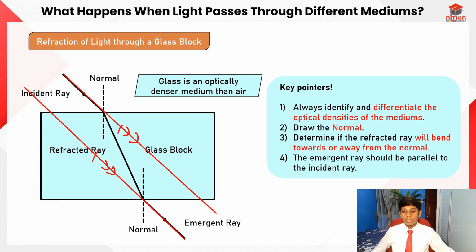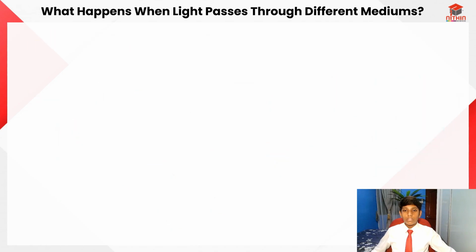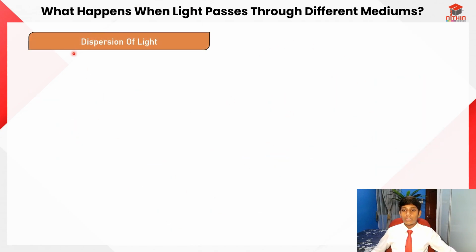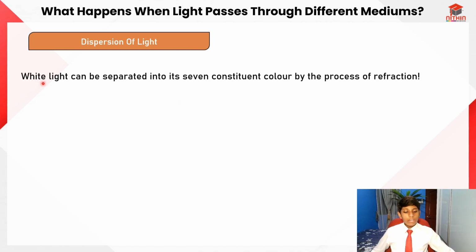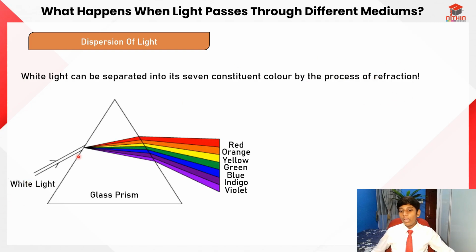Okay, so next, the dispersion of light. This is something that is not often tested, but it's good to know. White light can actually separate into 7 constituent colors by the process of refraction. So this is white light, and this is a glass prism. These are basically the colors of the rainbow: red, orange, yellow, green, blue, indigo, and violet. White light comprises all these colors.